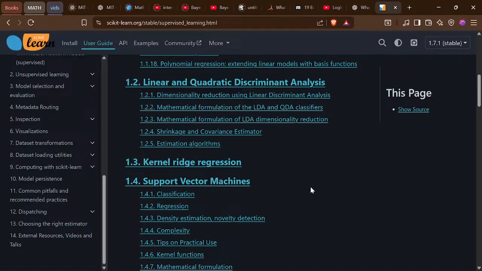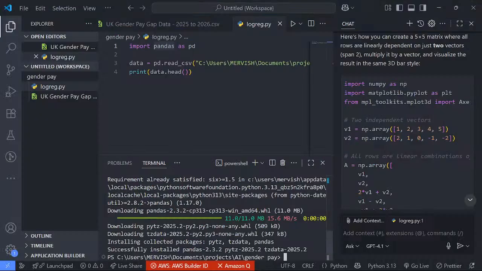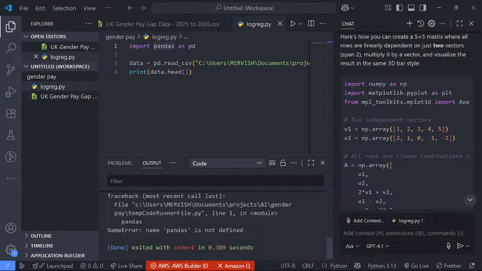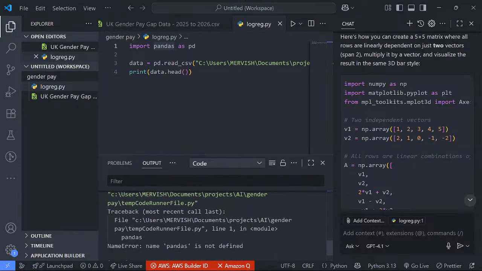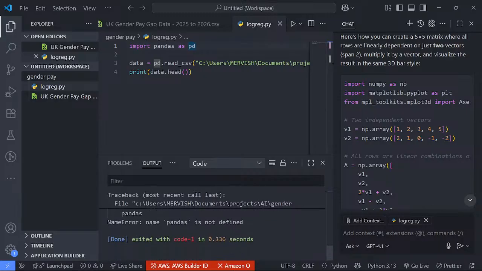How can I? So when I do this now, pandas is not defined. Why is it not defined? Name pandas is not defined.